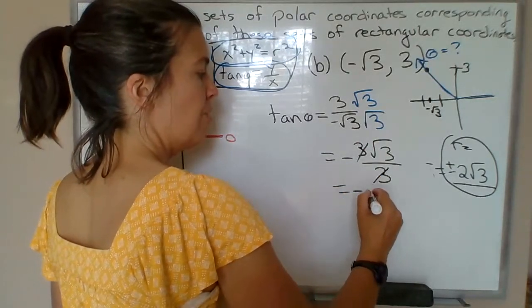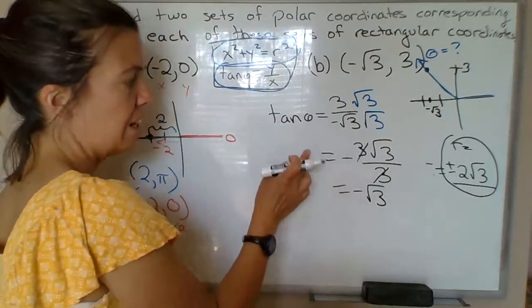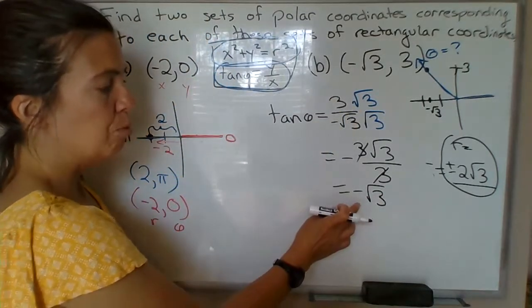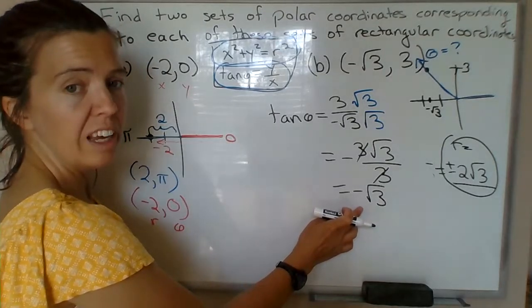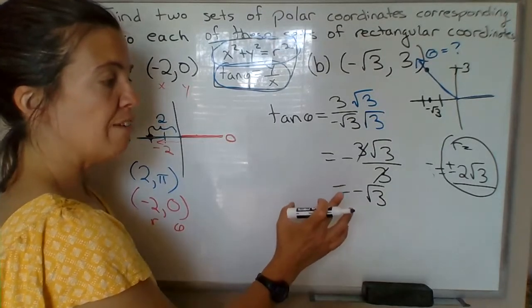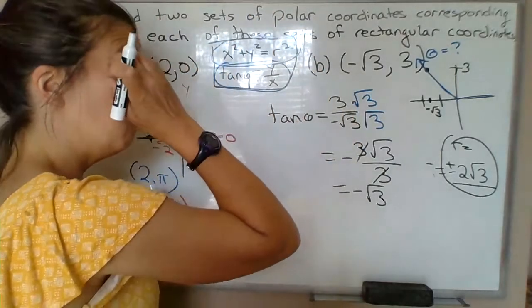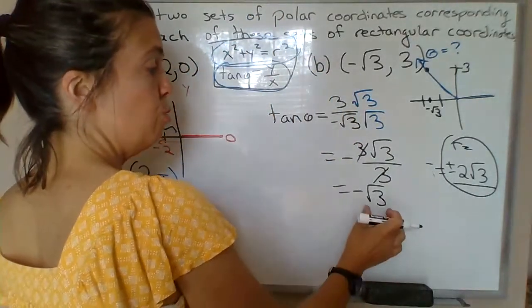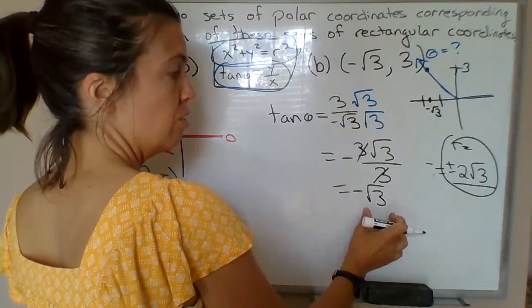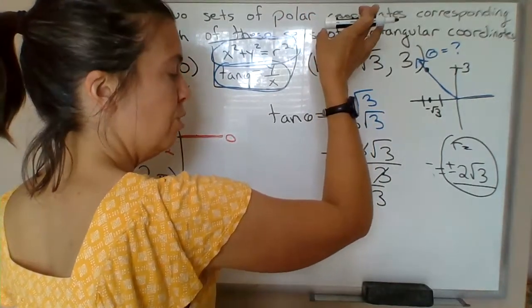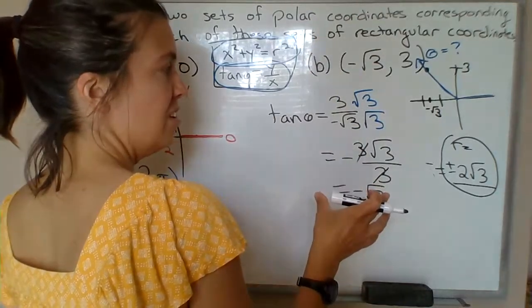So we want a value of theta in quadrant 2 where the output of the tangent function is negative square root of 3. If you have a unit circle handy, look at the ratio y over x. When is the ratio y over x equal to negative square root of 3 in quadrant 2? That's going to be when y is square root of 3 over 2 and x is negative 1/2.